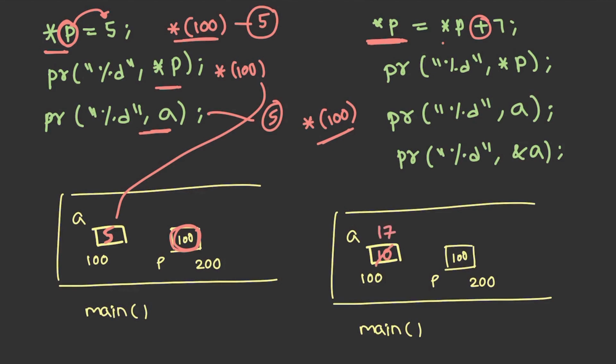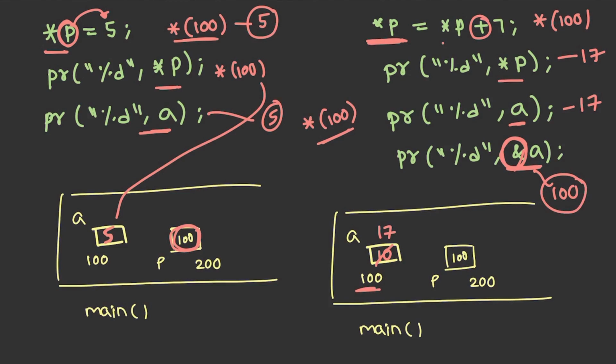If I try to print the content at the location 100, it is equivalent to 17, and if I try to print the value of A, it is also equivalent to 17. If I try to get the address of A, ampersand, just remember ampersand is used to get the address. So if I try to get the address of A, it is 100. So 100 will be printed here.